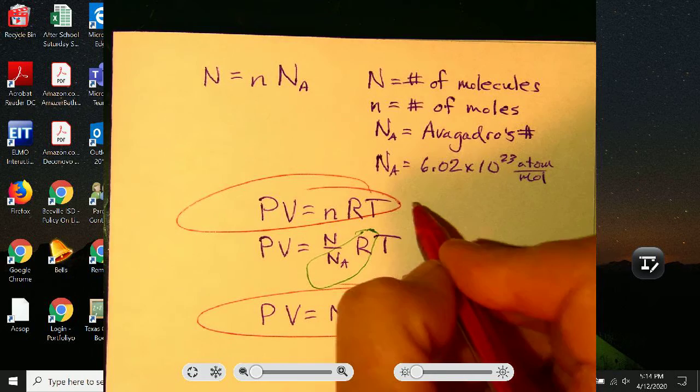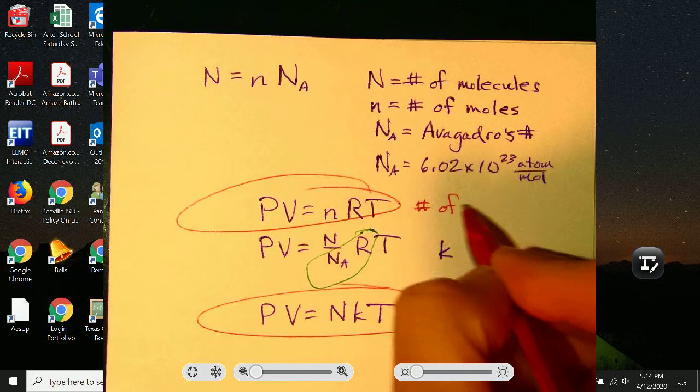The earlier one is the ideal gas law in terms of number of moles.